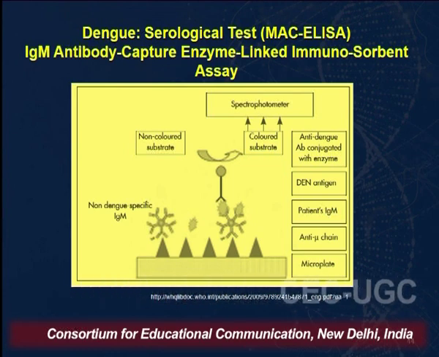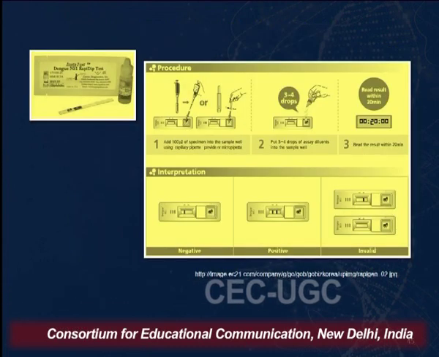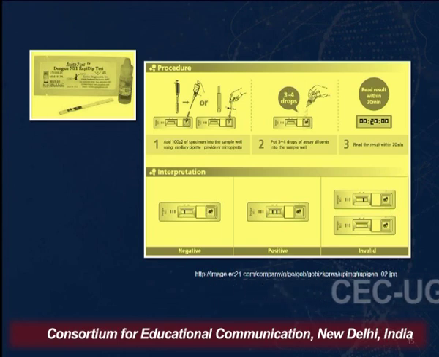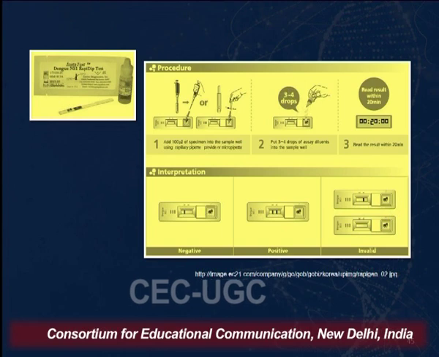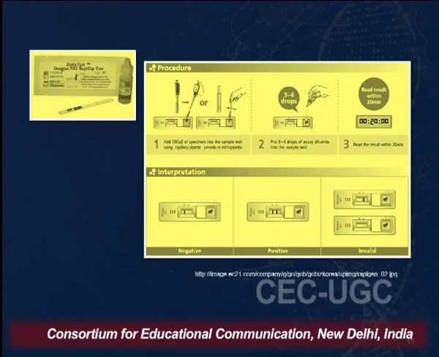Now there are various ELISA plates available in the market, so they are easily available and can be easily detected. Some of the methods are shown over here. This is an ELISA plate used for NS1 detection for dengue. We can see how exactly the blood samples are taken in.